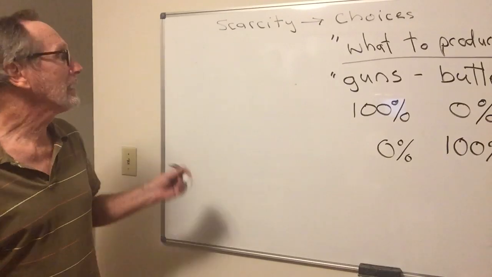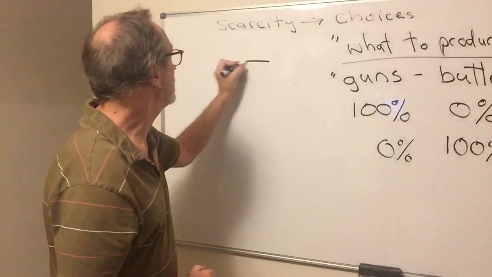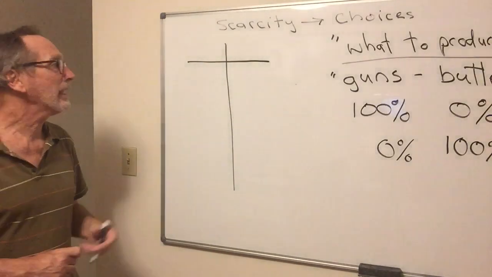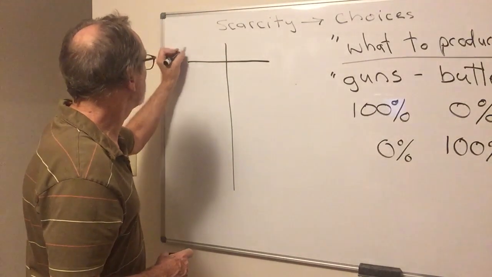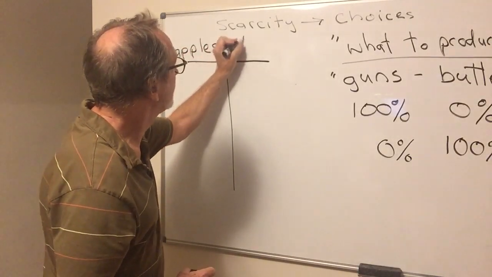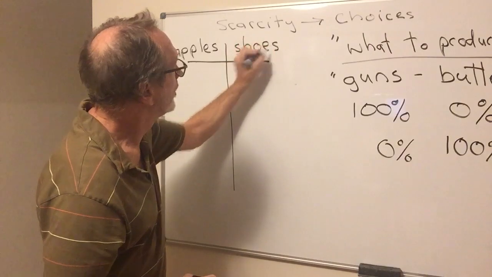Let's use a simple example here. Let's say, just for example, there are two products, apples and shoes, right?